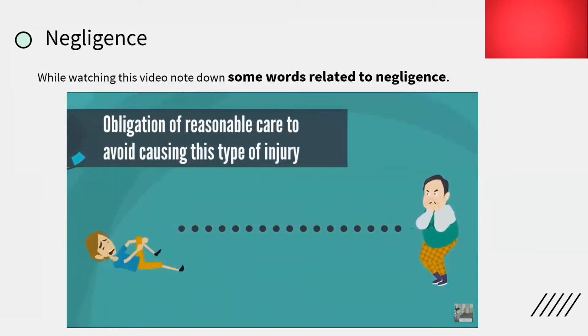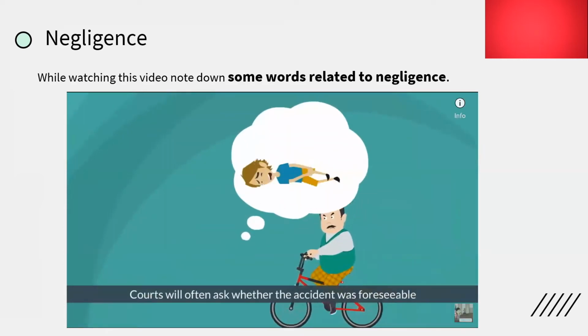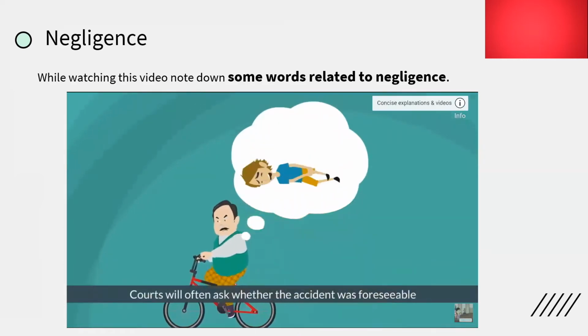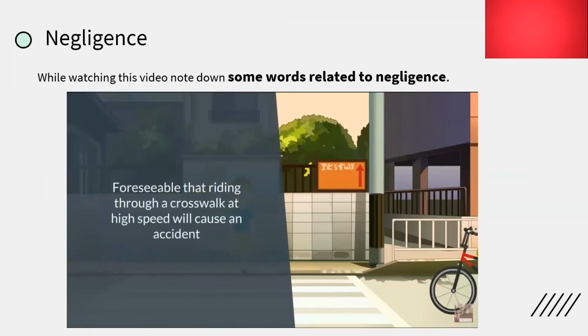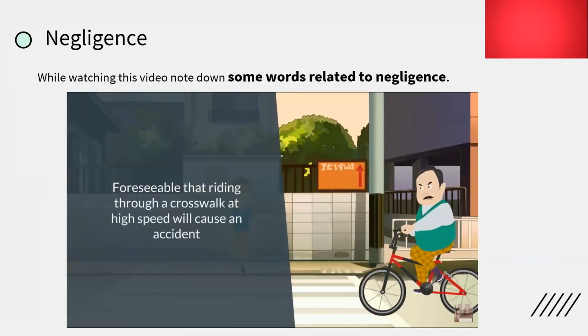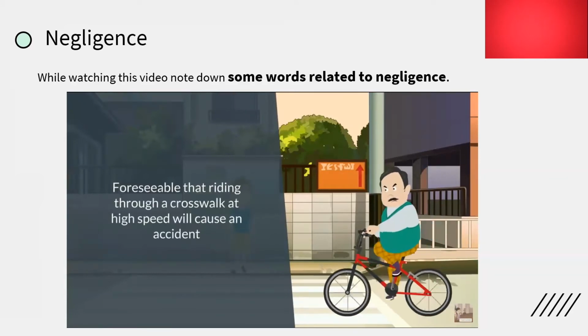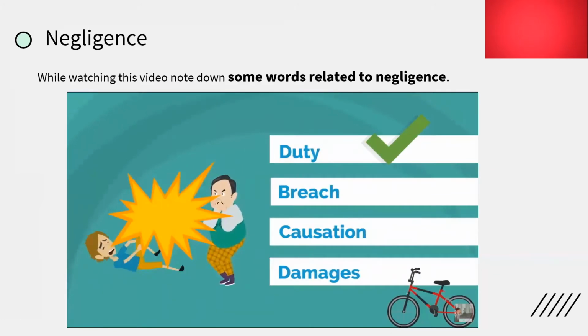By duty, we mean that the defendant had an obligation of reasonable care to avoid causing this type of injury. To determine whether that obligation exists, courts will often ask whether the accident and the injury were foreseeable. In this case, everyone would probably agree riding a bicycle too fast through a crosswalk can foreseeably cause an injury to a pedestrian who is crossing the street. For this reason, the element of duty is probably satisfied. Dudley had a duty of reasonable care to avoid this type of injury to Perry.